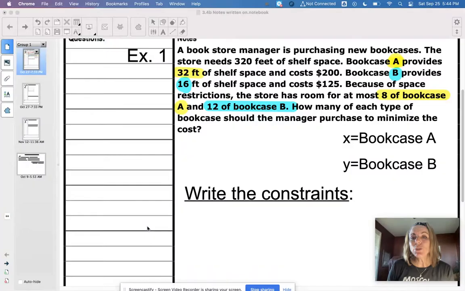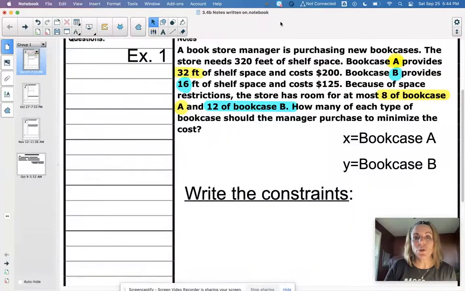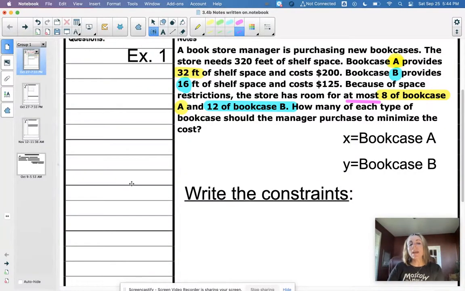Because of space restrictions, the store has room for at most, that's an important word, at most 8 of bookcase A and 12 of bookcase B. How many of each type of bookcase should the manager purchase to minimize the cost?